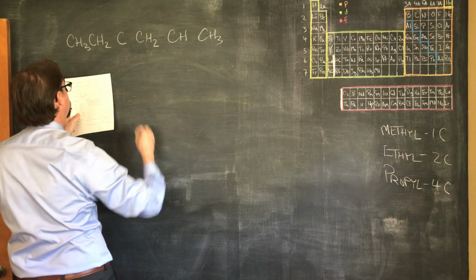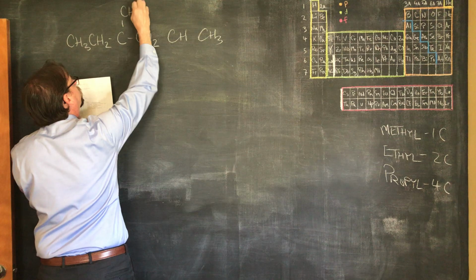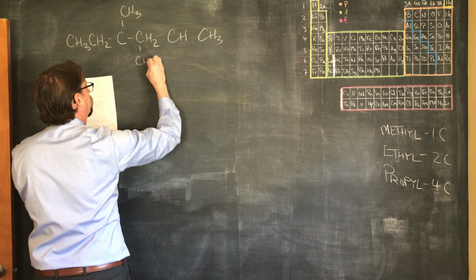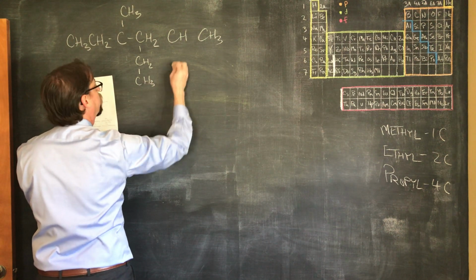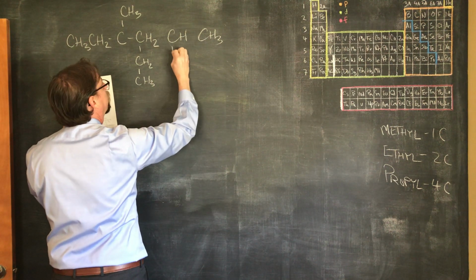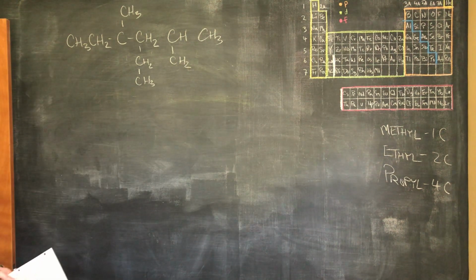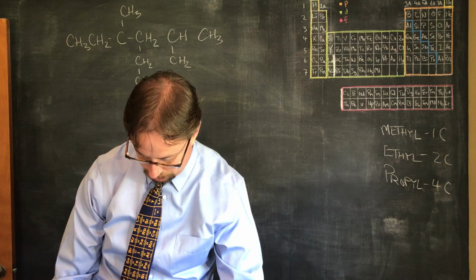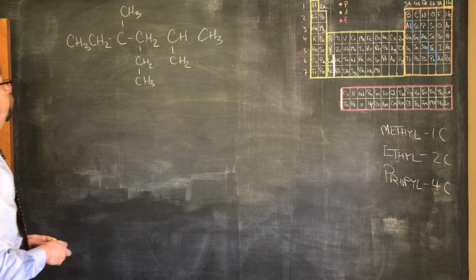I'm just kind of trying to space this out so you can see the branches. Okay, so I've got some branches on this. So first thing, it looks a little more complicated, but I bet we just follow our steps and we'll be able to name it no problem.